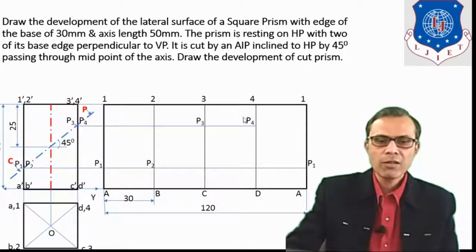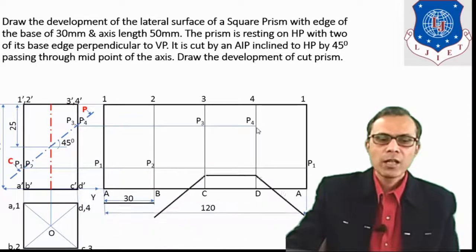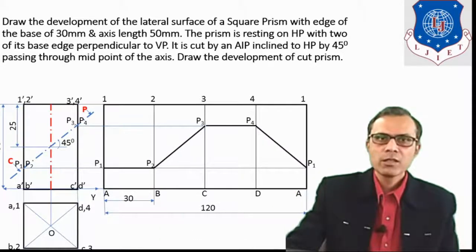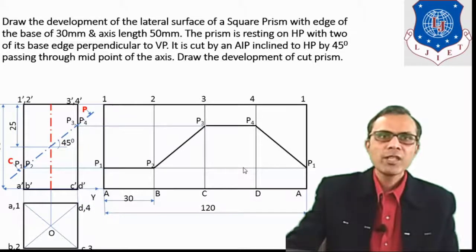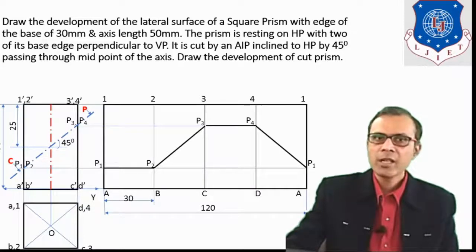So these are the required points in the development. Now join all these points. So now you can see the area which is bounded by these points P1, P2, P3, P4, P4, A, D, C, B, A and P1. So this is the area which is the required development of the lateral surface in cut position.